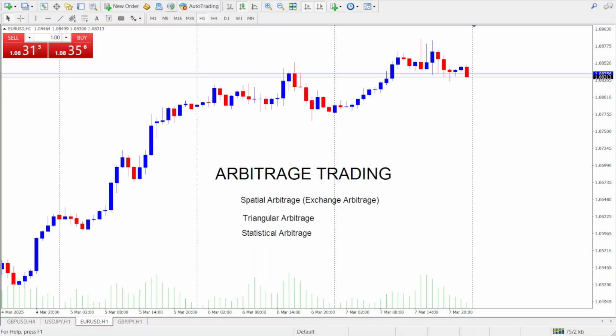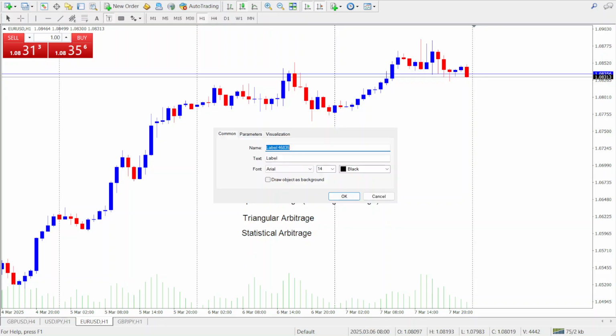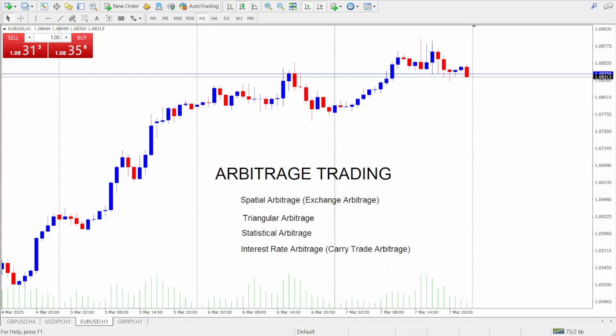And then we also have interest rate arbitrage or carry trade arbitrage. So this involves borrowing in a currency with a low interest rate and investing in a currency with a higher interest rate.